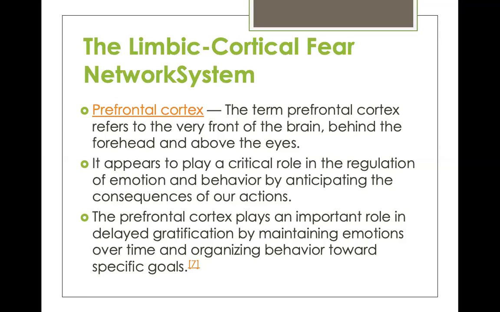So simply put, it works somewhat like this. If I see a stick on the path and I happen to be hiking in Arizona in rattlesnake country, my amygdala is going to go, holy whatever, there's a snake on the path. And I might jump. But my medial prefrontal cortex is going to say, dude, it's not moving. It's not rattling. It's just a stick.